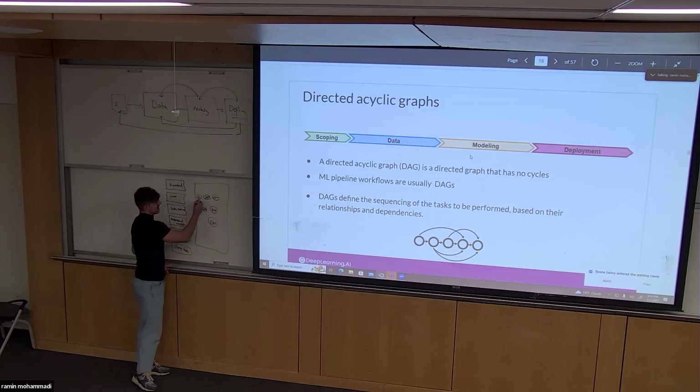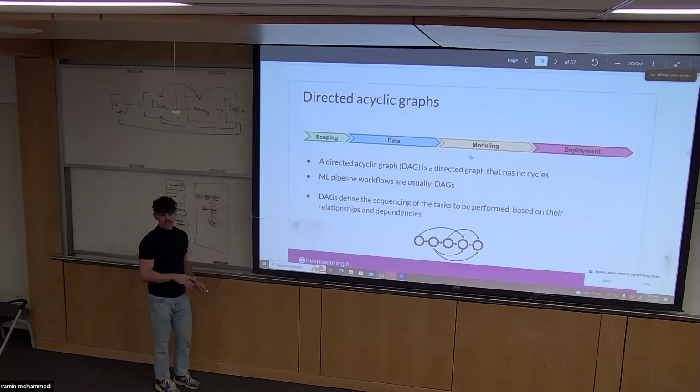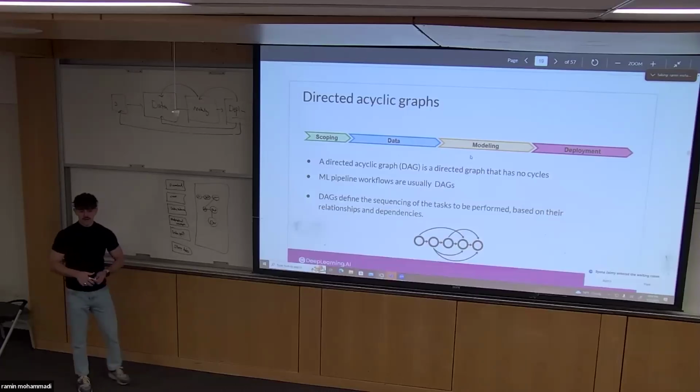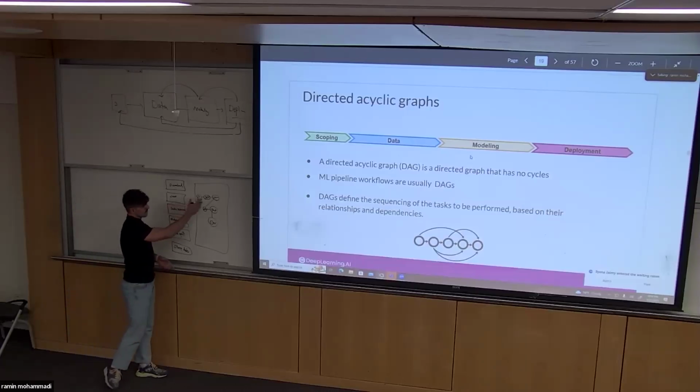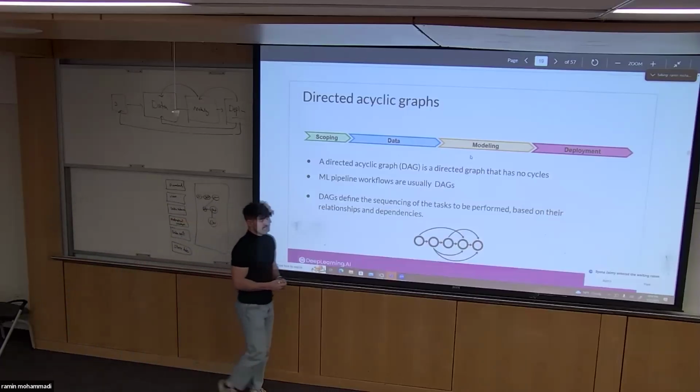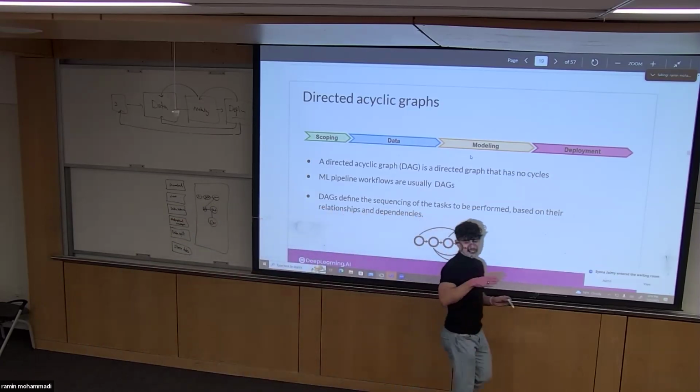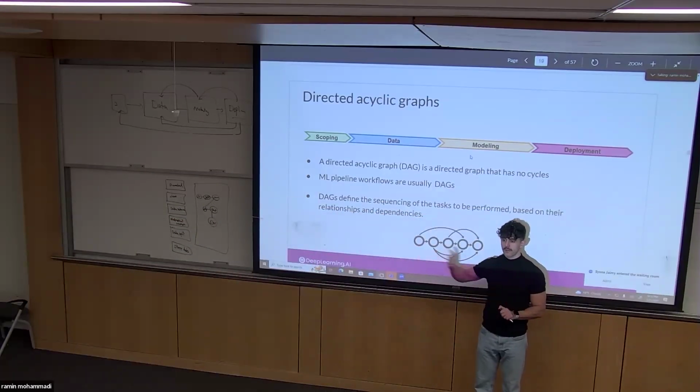So a DAG says that I will create connections like this. These connections could be all sequential, or you could also have things that run in parallel. But the benefit of building a DAG is that you create these dependencies for your pipeline.